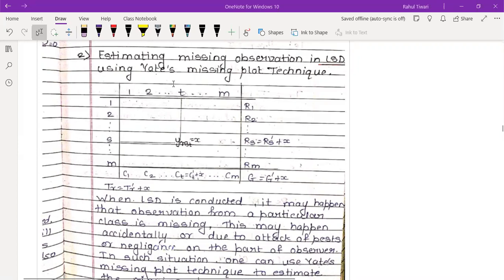So see, in the previous example, we had 1, 2, 3 up to Q and 1, 2 up to P. It was like P and Q. That's why, in treatment and in the block, when we divide, the denominator part will always be more important, because you need to take care of dividing by P or by Q. And I told you, don't remember it like that. You should go by the dots.